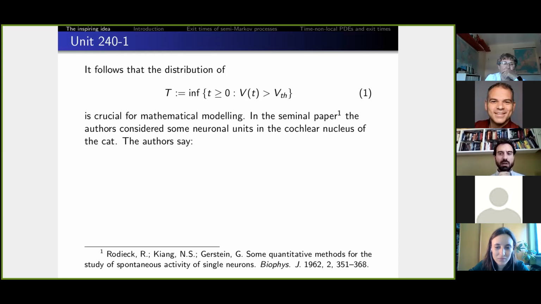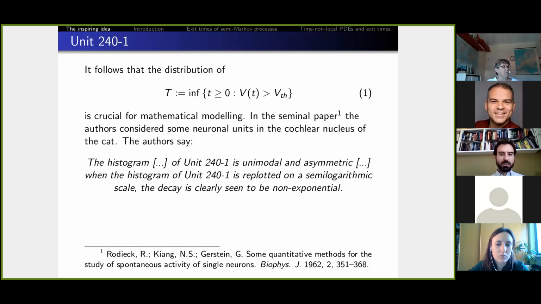They plotted the histogram of this random variable after observing some neural units in the cochlear nucleus of the cat, and the authors realized that in particular one of these units, which was considered representative, has a histogram that is unimodal, asymmetric, and clearly its decay was not exponential.